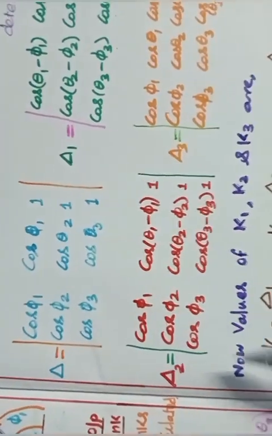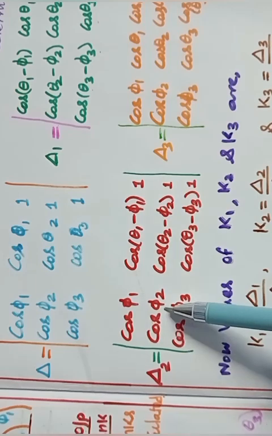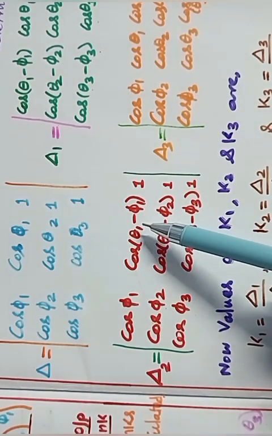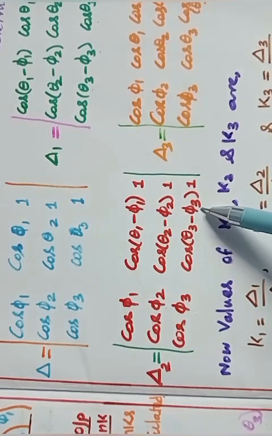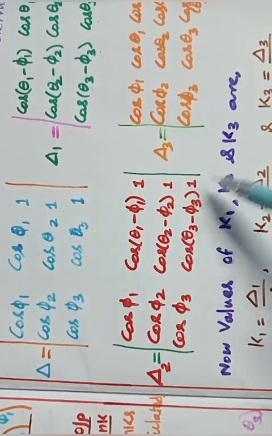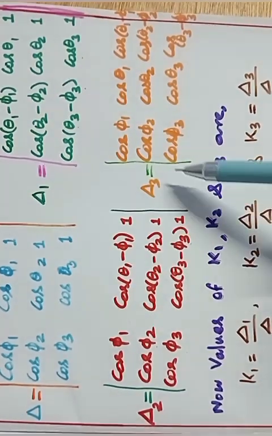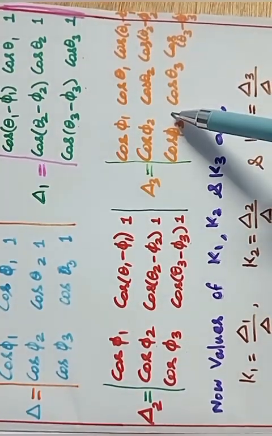And also delta 2 with columns cos phi 1, cos phi 2, cos phi 3, then cos(theta 1 minus phi 1), cos(theta 2 minus phi 2), cos(theta 3 minus phi 3), and the last column is 1, 1, 1.